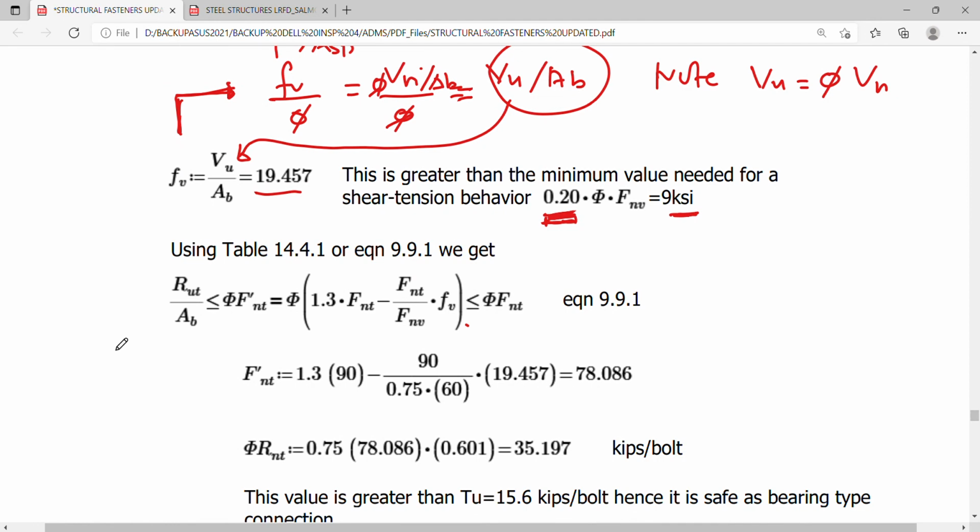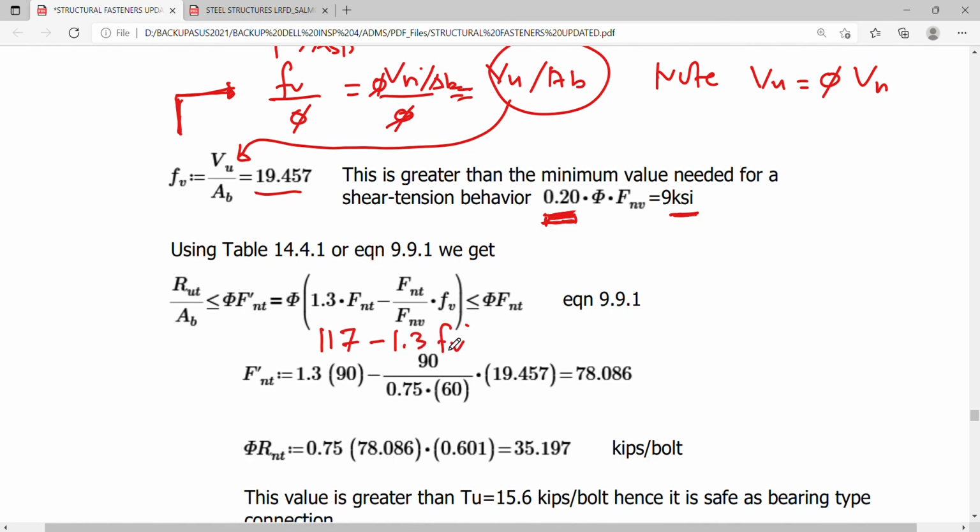So using table 14.4.1 or equation 9.9.1, we have here this 1.3 FNT, which is equivalent to, I think this is 117, if I'm not mistaken, minus, if I'm going to use what, I think, this is an 8325 volt, no? So this is a 1.3 FB.